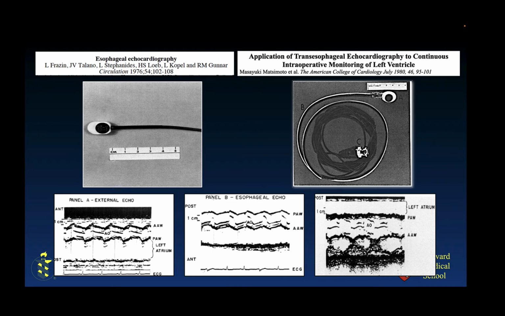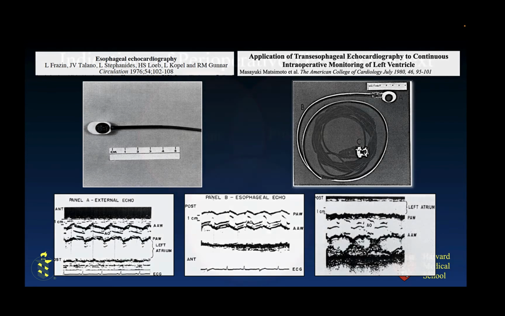Then 4 years later, at Albert Einstein College of Medicine in New York, an epicardial stethoscope was used for M-mode assessment of the left ventricle, which was later converted into an esophageal stethoscope to avoid interruption of surgery and get high-resolution images of the heart. So that's how it started, initially as an alternative to transthoracic echo, and secondly, to monitor ventricular function during cardiac surgery through the esophageal route.